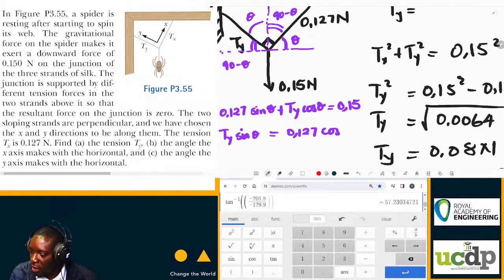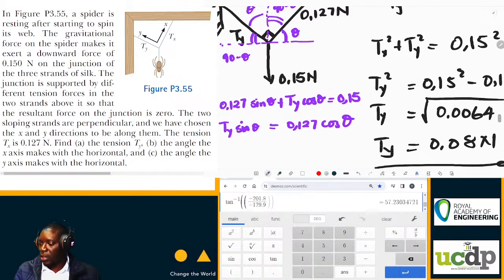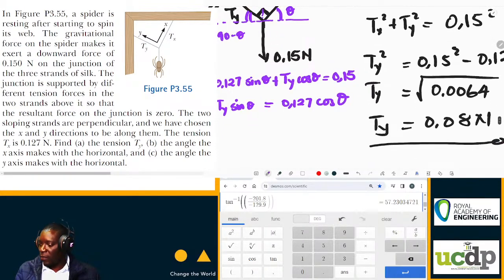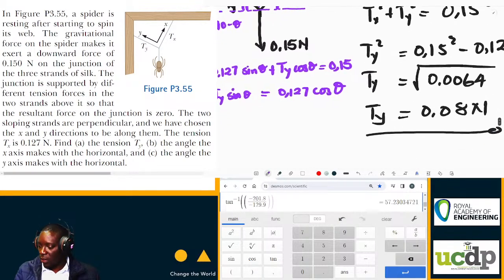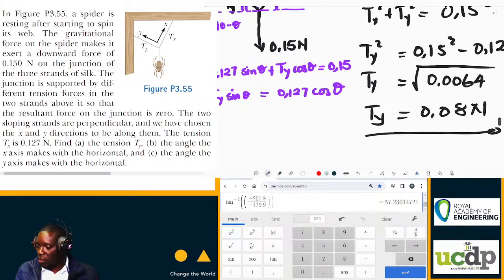So it's Ty cos 90 minus theta, which is sine theta, okay? And 0.127 cos theta. So I just want to verify if the answer we have there is correct. I've created two equations. We have two unknowns. So we can replace sine theta over cos theta. Can we do that? Which one do we eliminate here?